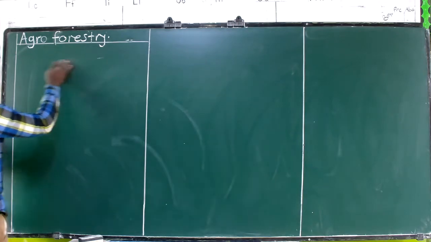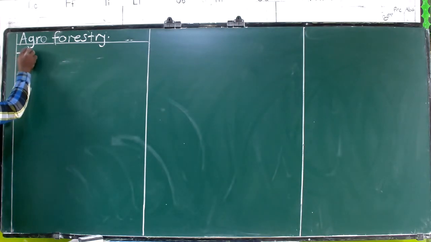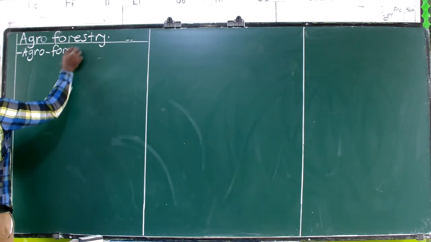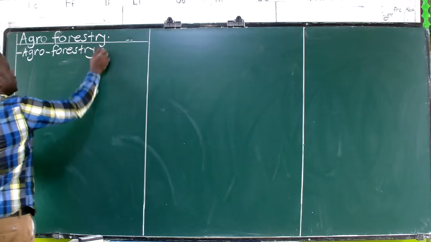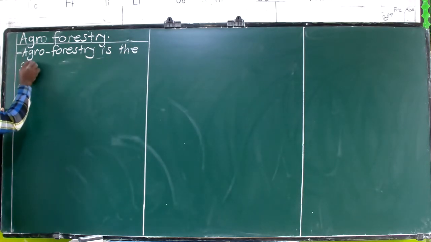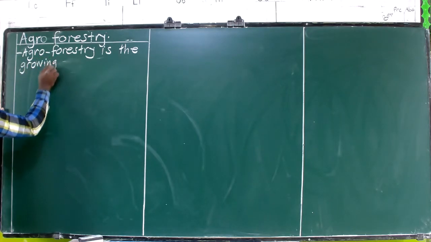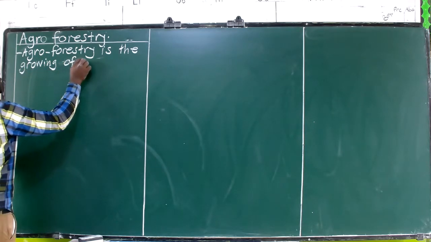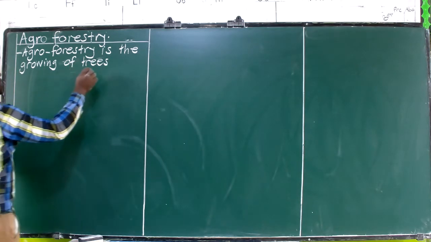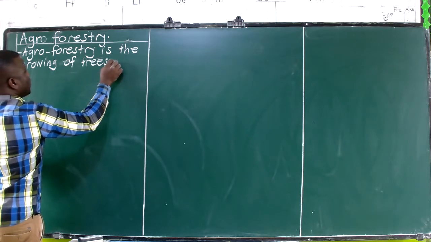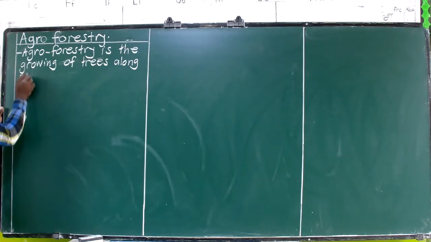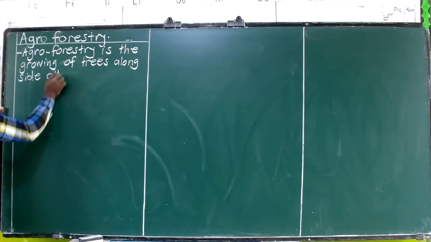So we can put the definition down and say: agroforestry, the growing of trees alongside other crops.